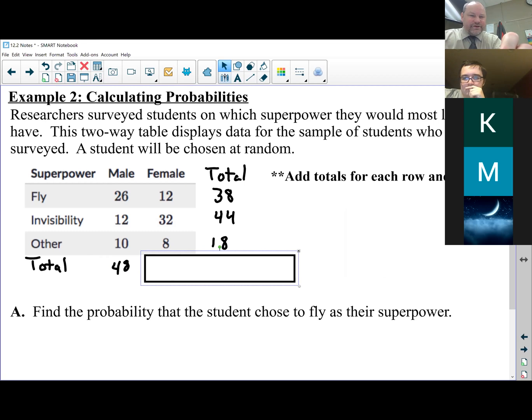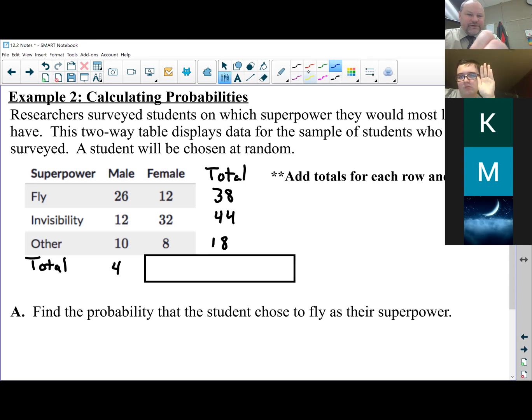That 8 isn't very good. So let me rewrite that. And while I'm rewriting that, you can add up the total number of females. Shane. 52.